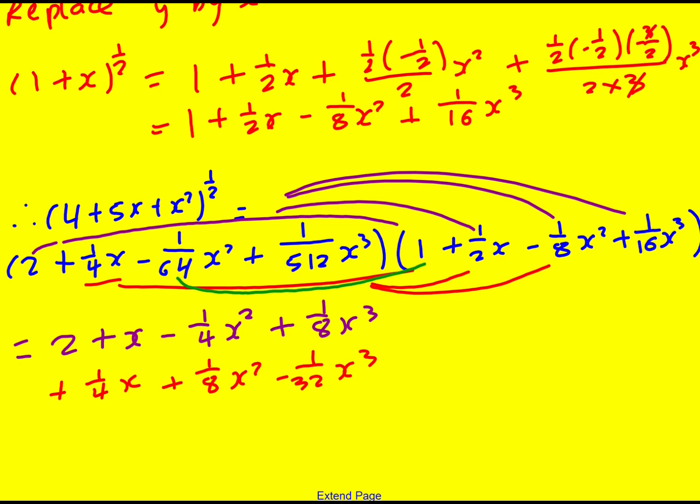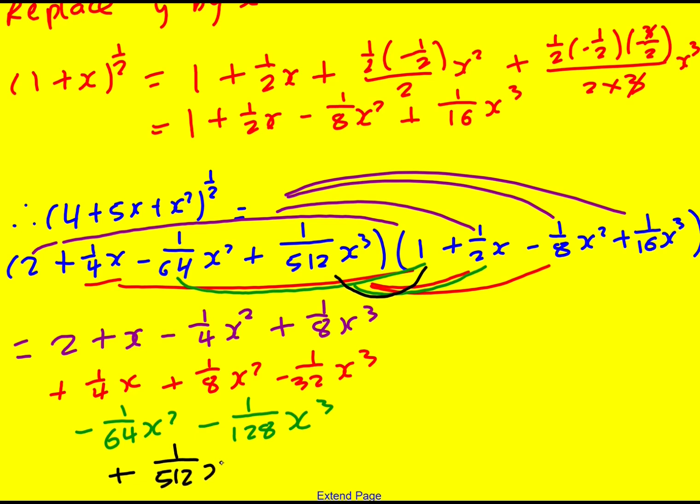Then I've got minus 1 over 64 x squared minus 1 over 128 x cubed. And finally, we're going to get plus 1 over 512 x cubed from that one.